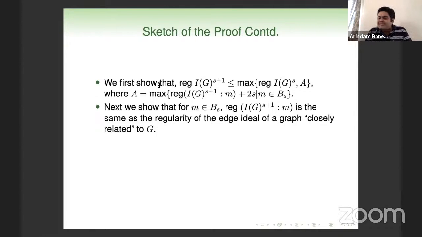And the edges are independent: whether one edge stays or not doesn't affect whether the other edge stays or not.